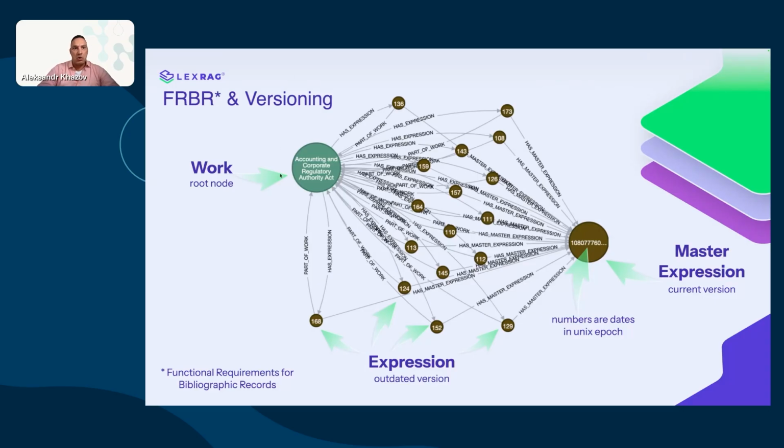Now you can see the simple graph representing one act, and expression represents a version, one of the versions, one of the ways a legislator or judge expresses this work.